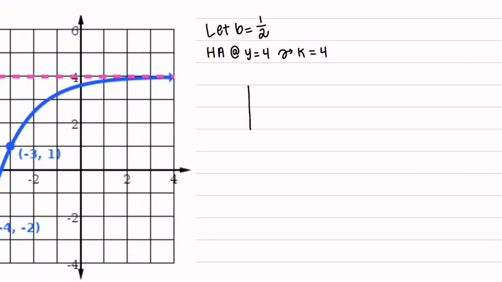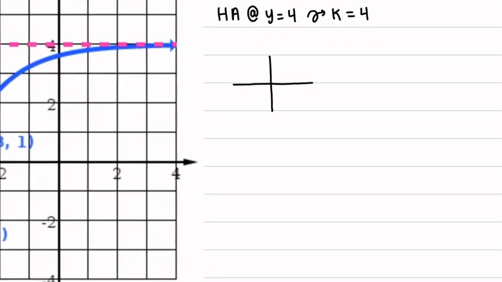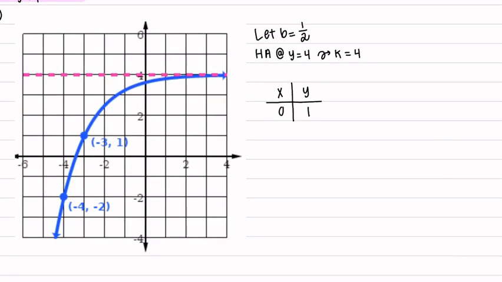And then I know that the point closest to my horizontal asymptote is the point 0, 1 transformed. And on this graph, that's the point -3, 1.